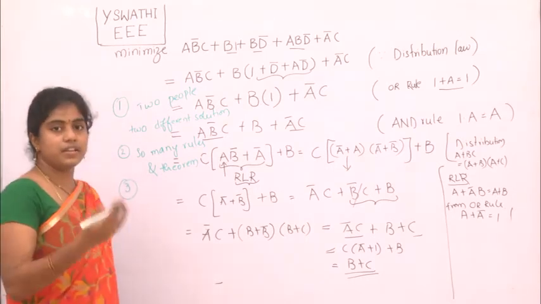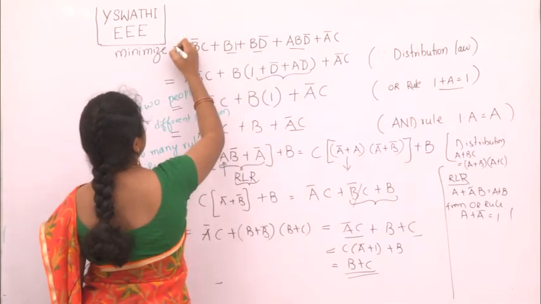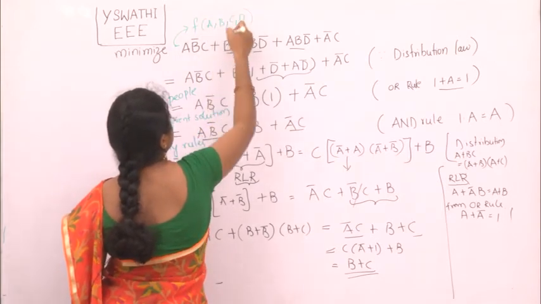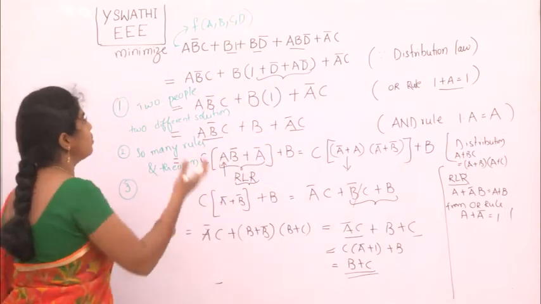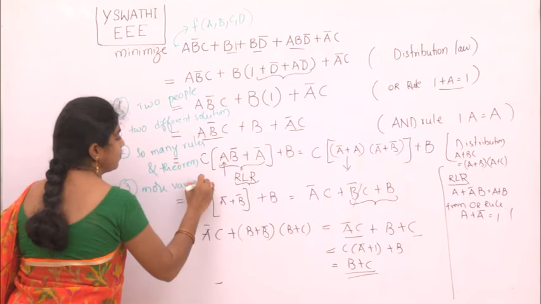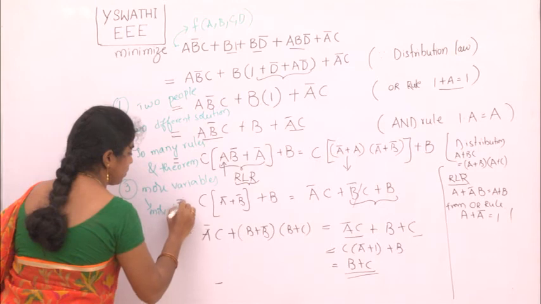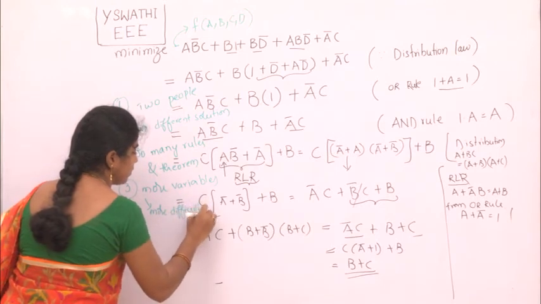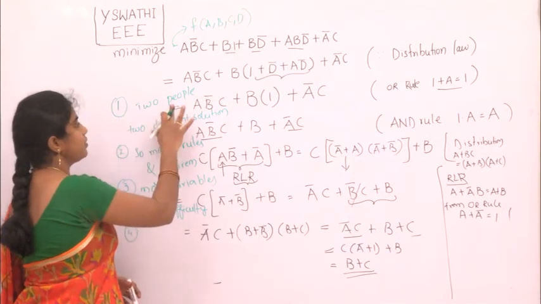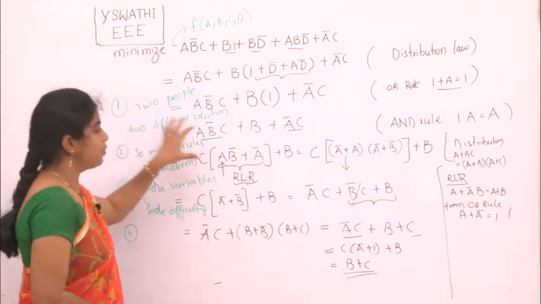And if the variables are increasing, here we are using a 4 variable combination. F is a function of 4 variables. If the function has 6 or more, it is difficult to use these minimization theorems. More variables, more difficulty. And in the first point we said that when two people are operating on the same expression, they can end up with two different solutions.